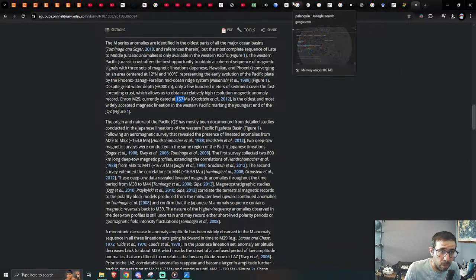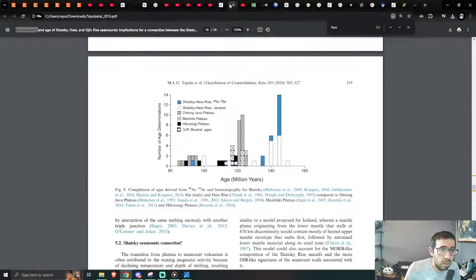Wherever that paper was. Basically like here, whereas the Cretaceous normal superchron is basically during these ones. That's why I was looking to see if there's an overlap with the Shatsky-Hess rise. There is not.